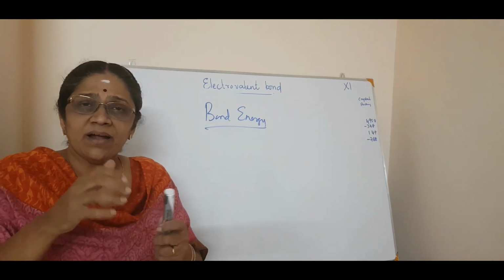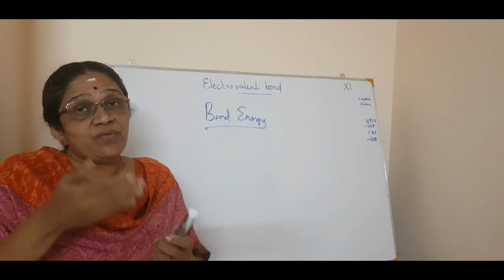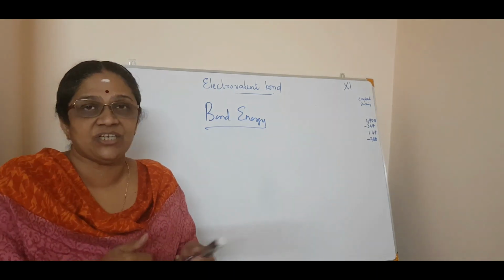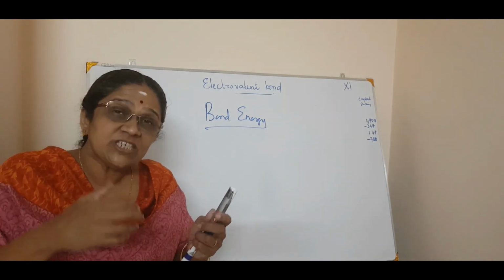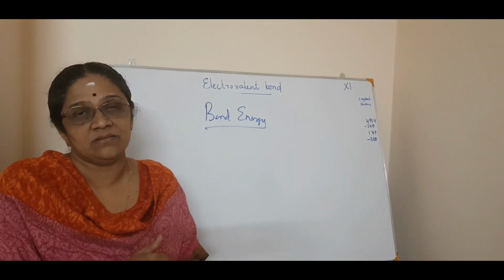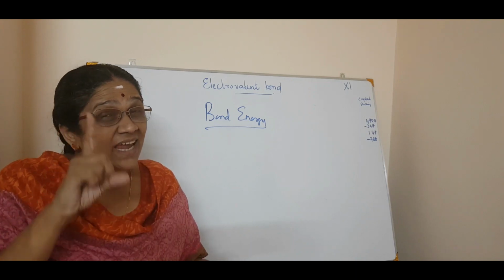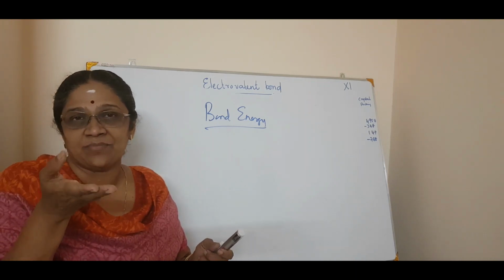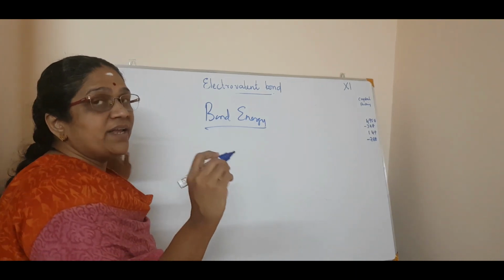I already told you, if you want to break a bond, you have to give energy, endothermic. So how much energy is required to break a particular bond into its gaseous atoms? That is very important. So that is called bond energy.